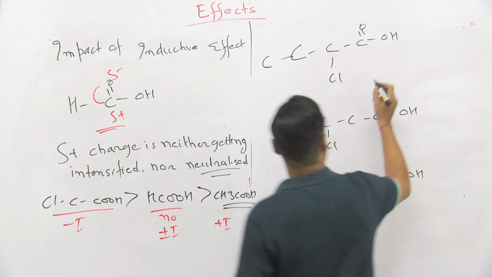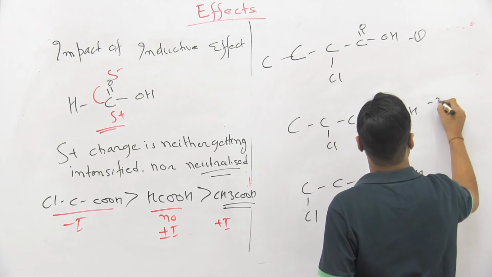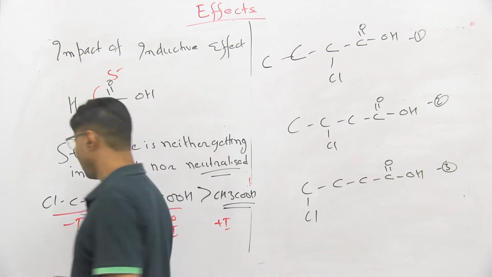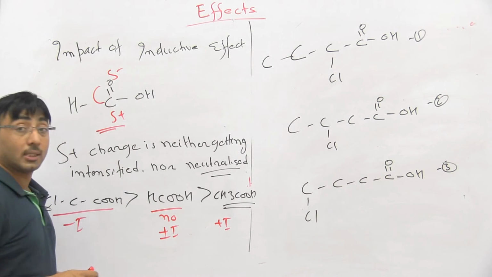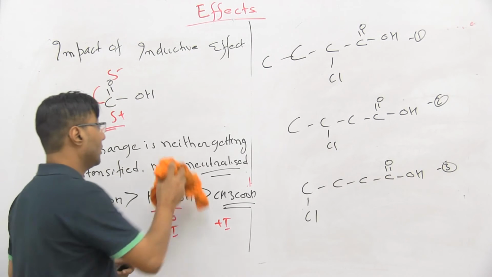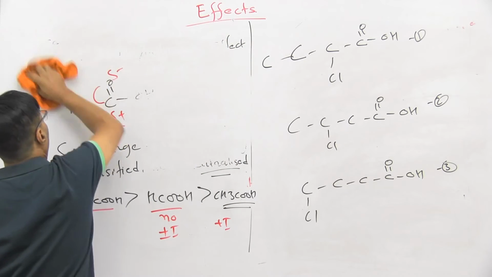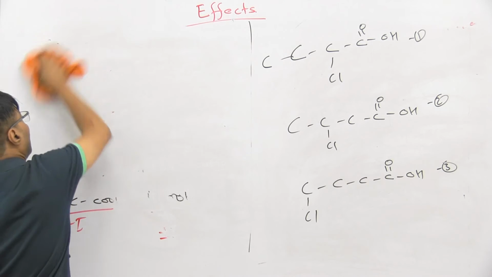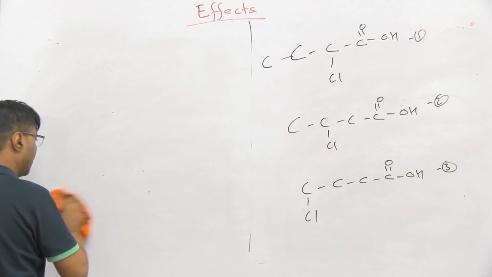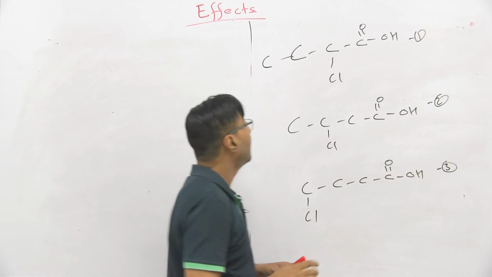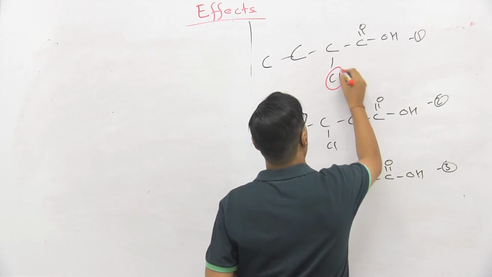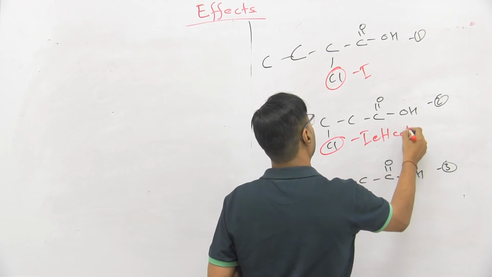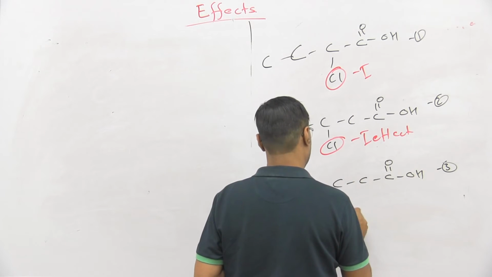If they ask out of these three, 1, 2, 3, which is the stronger acid? How to draw the conclusion on this pattern? This one has Cl with minus I effect, again Cl minus I effect, again Cl minus I effect.